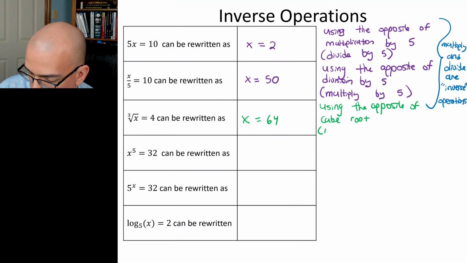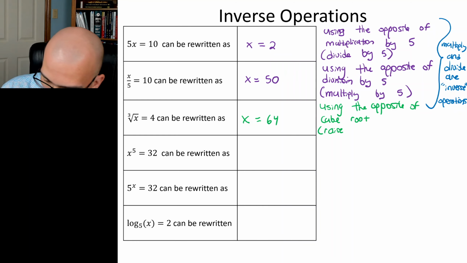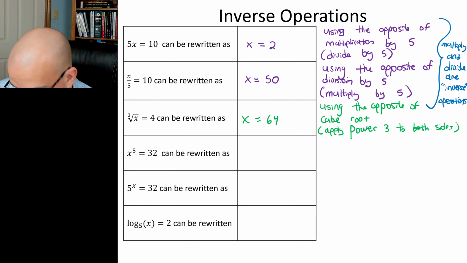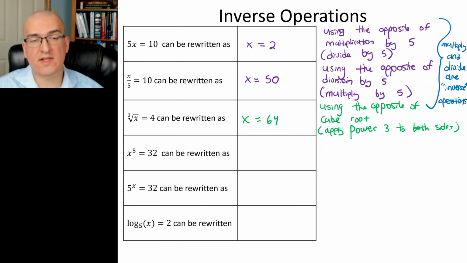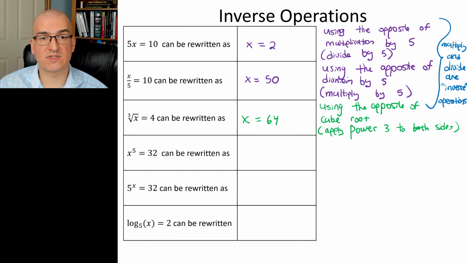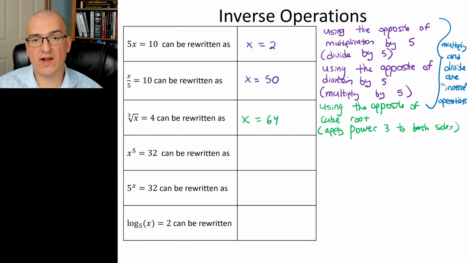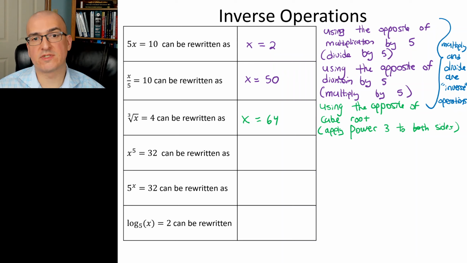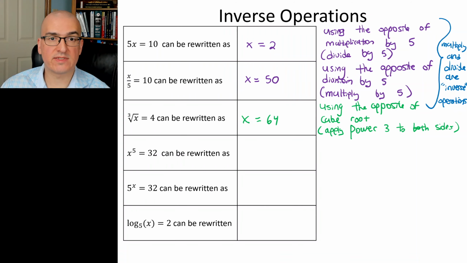We're going to apply power 3 to both sides. On the left-hand side, we have the cube root of x, all to the power of 3, which is just x. The cube root and power 3 cancel. On the right-hand side, we have 4 to the power of 3, which is 4 multiplied by itself 3 times. So we're doing the opposite of the thing that's being done to x to get x all by itself.